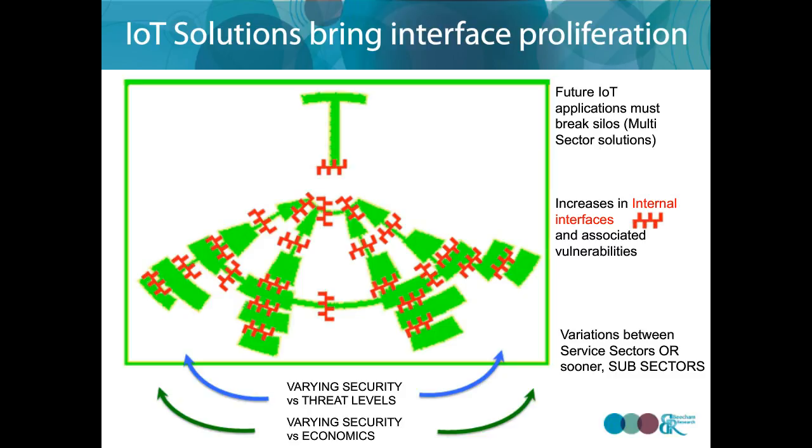And it's not unrealistic to assume that the security needs for a consumer environment or a consumer type of application would be significantly different to that for a healthcare or a transport sector solution. But if you bring all those things together into one overall solution, then there is a potential vulnerability between those different sectors that needs to be addressed.